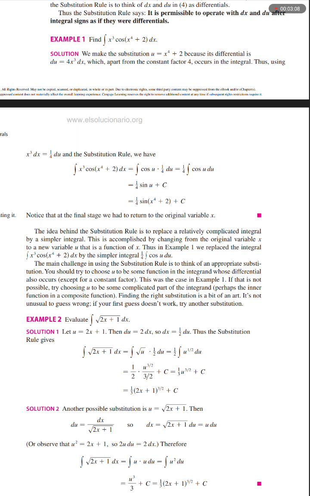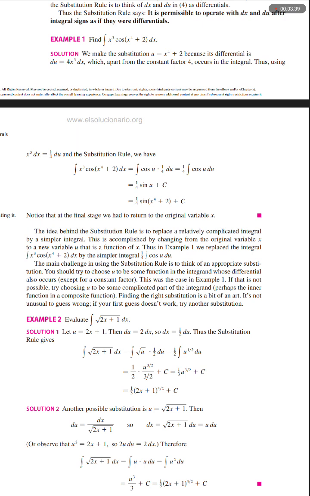Notice that at the final stage we had to return to the original variable x. The idea behind the substitution rule is to replace a relatively complicated integral by a simpler integral. This is accomplished by changing from the original variable x to a new variable u that is a function of x.